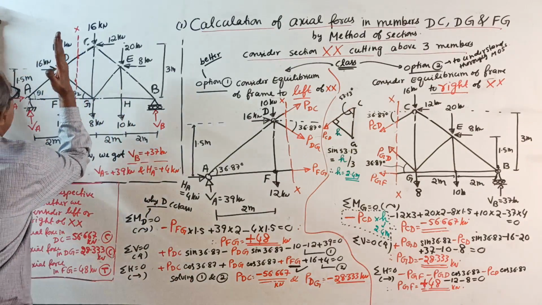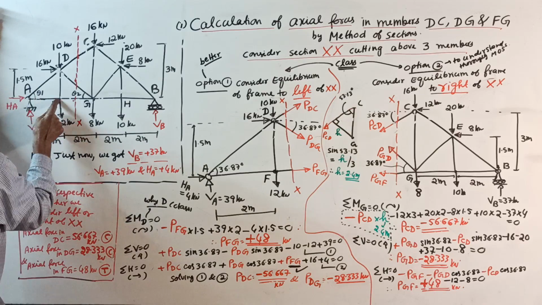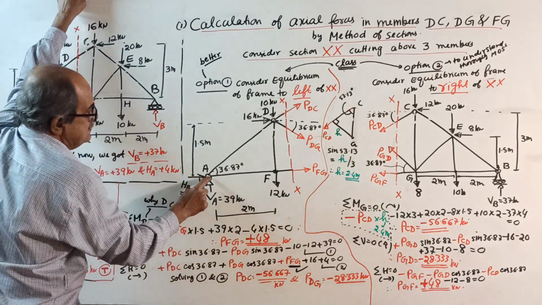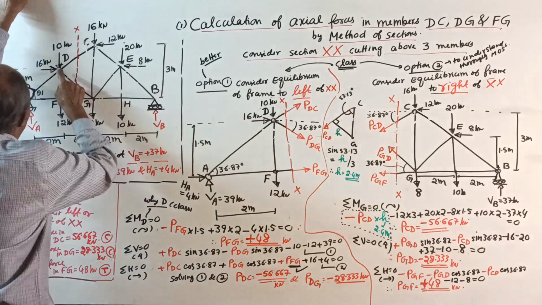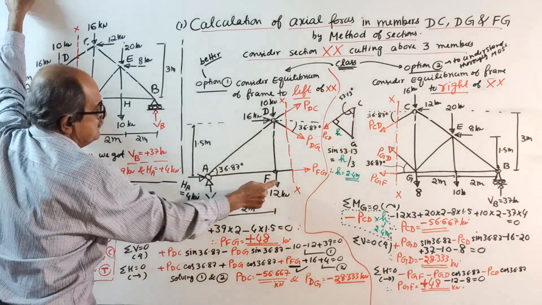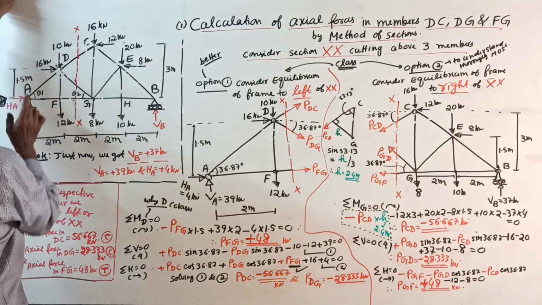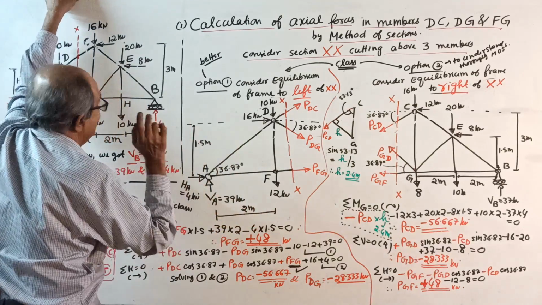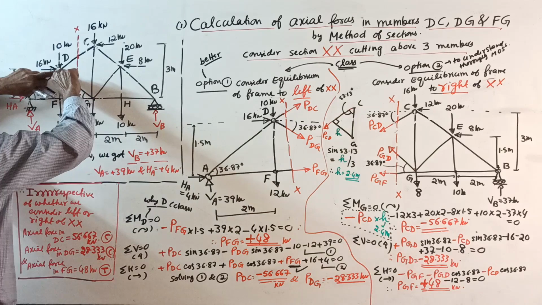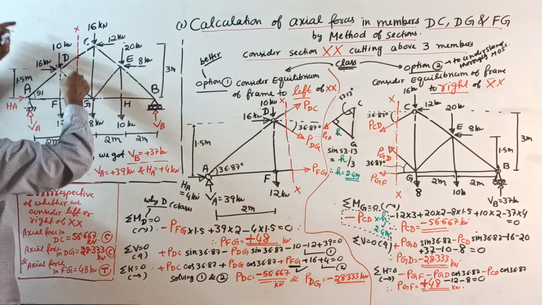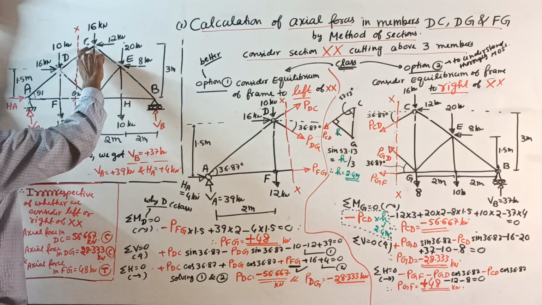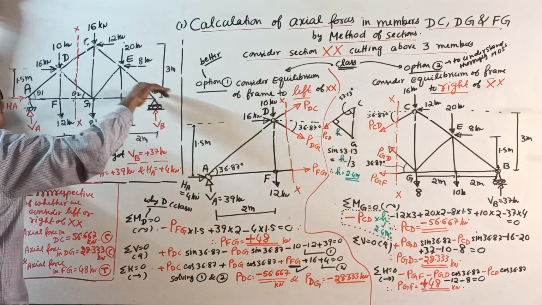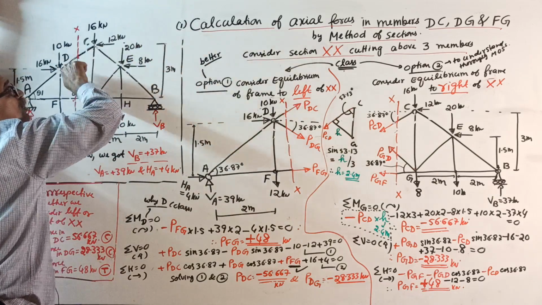See here, A, F, D are intact. I wrote everything there, whatever is there. Height 1.5 is there, base is 2. Then from D, the member is cut. So along this member, from that side, a pull will come.